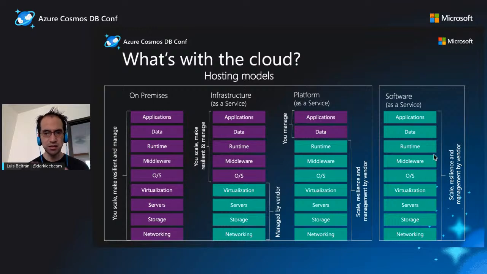If you have your on-premise environment, as you go into infrastructure as a service, platform as a service, or software as a service, you are freeing yourself of responsibilities. In software as a service, for instance, you don't have any responsibility. You just need a browser to start using an application such as Office 365 documents and so on.